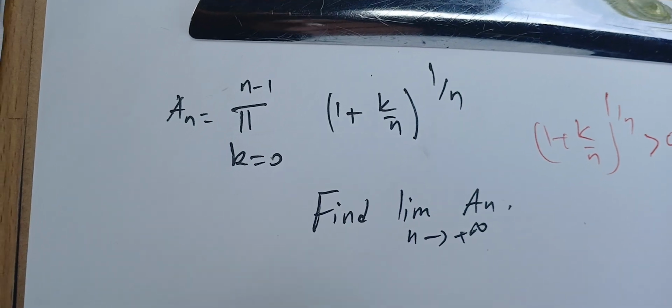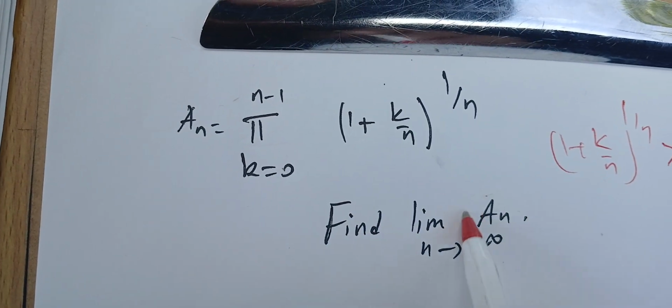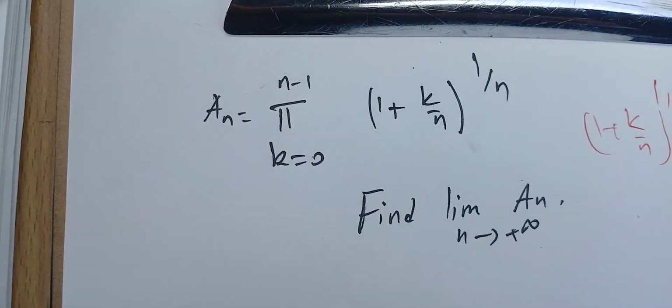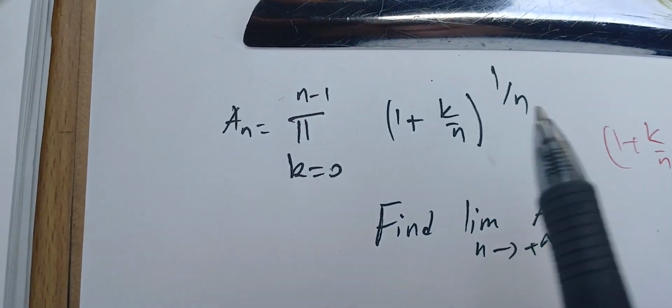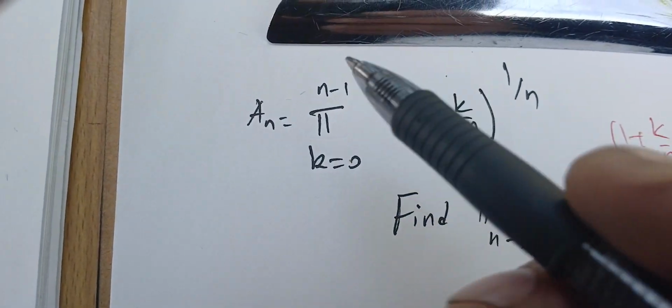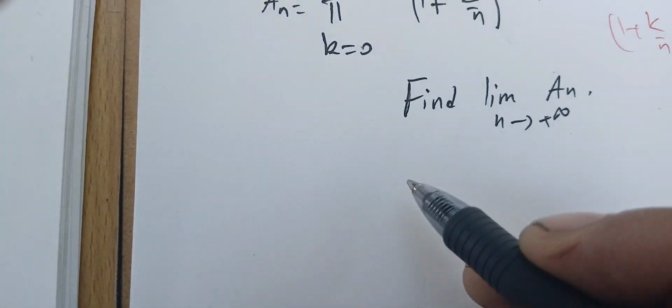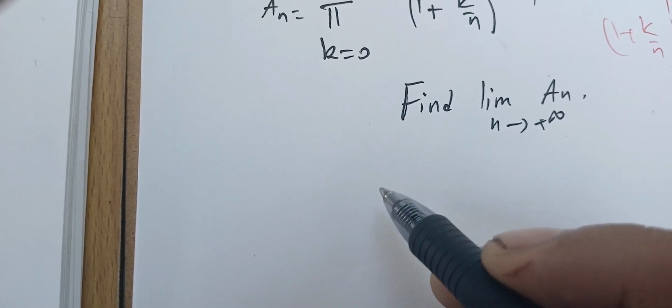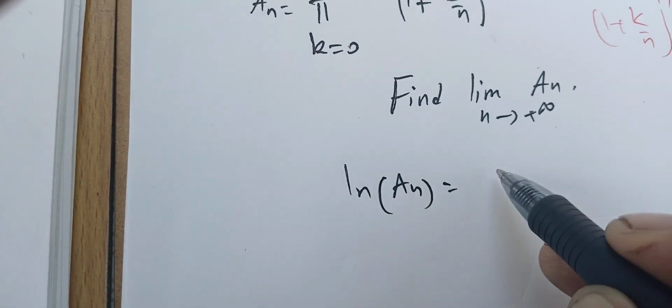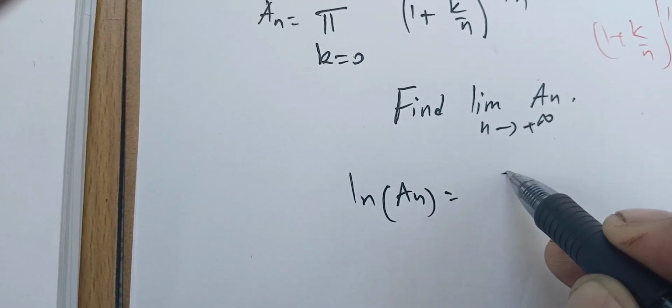The key idea here is that this problem can be solved if we can transform this product into a sum, and we can do that by taking the natural log of a_n.